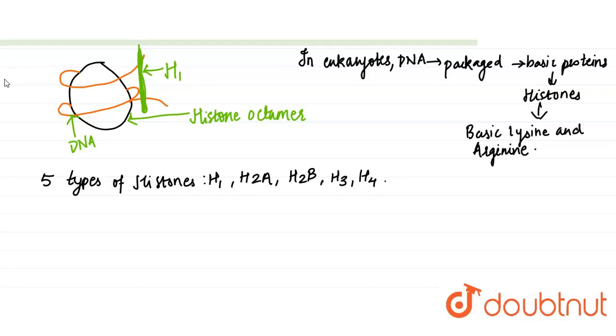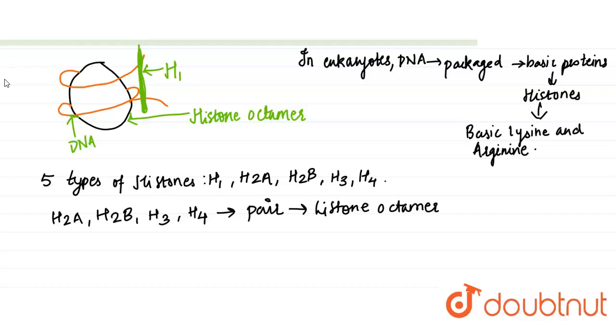Now 4 of these histones, that is the H2A, H2B, H3 and the H4 histone proteins occur in pair, and this pair forms a histone octamer, or we can also say it is the core of the nucleosome.